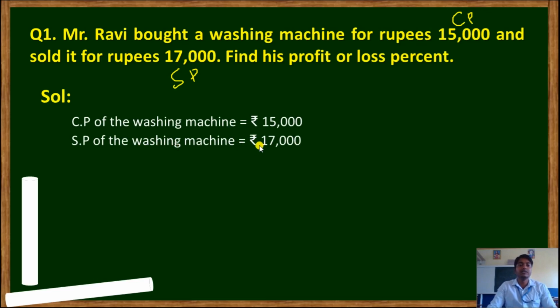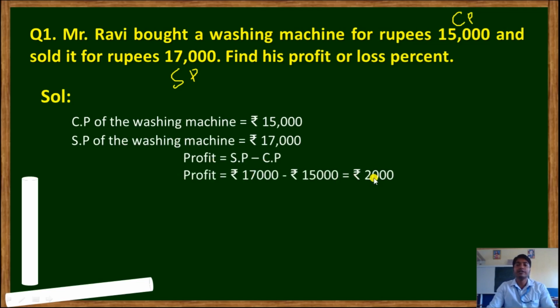Clearly you can see selling price is more than cost price, so there is profit. Profit equals selling price minus cost price. When we put the values, we'll get here 2000.